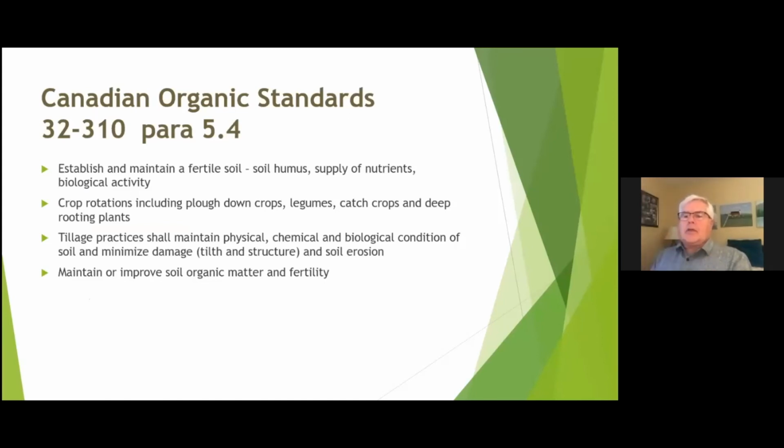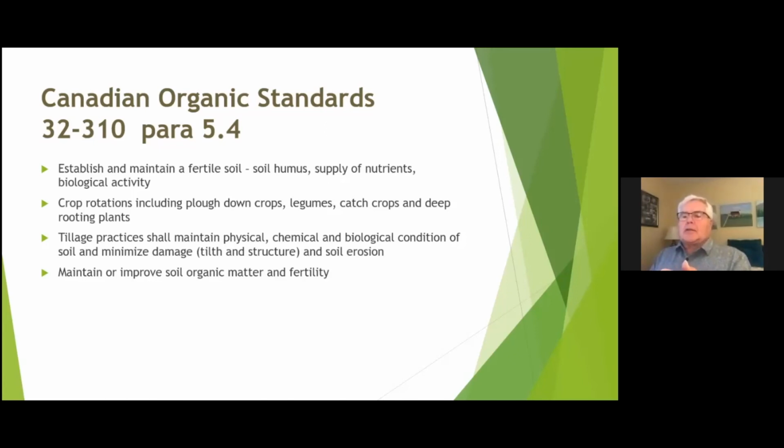And these are direct quotes from the standards, that we're going to be establishing and maintaining a fertile soil humus, supply of nutrients, biological activity. Crop rotations, including plow down crops, or I'm calling them cover crops, legumes, catch crops, and deep rooted plants.